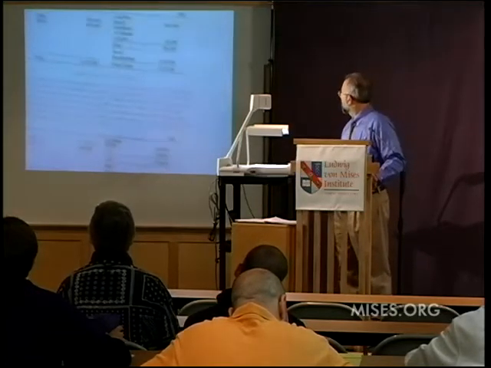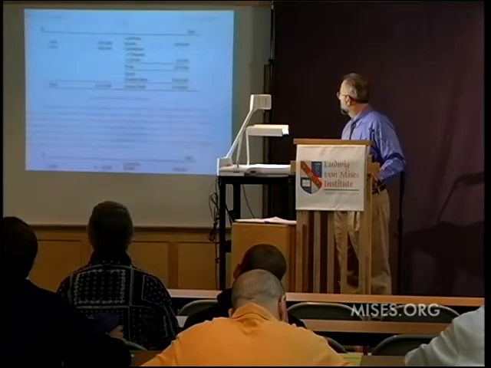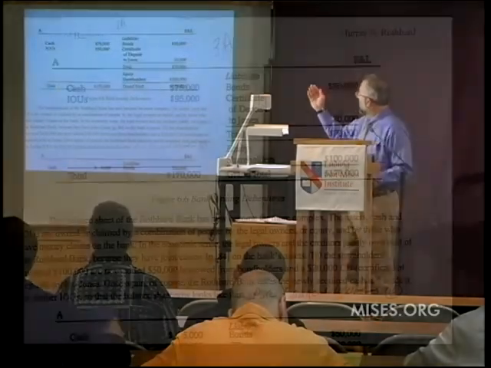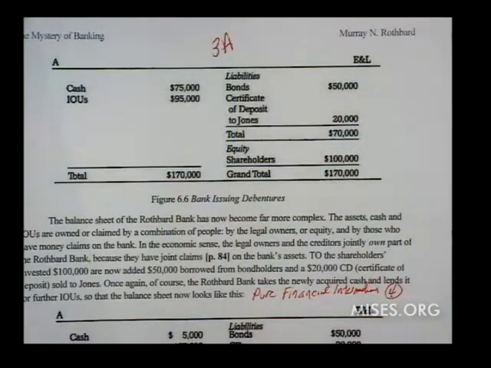Once again, the bank going public does not change the fact that loan banking cannot change the money supply in any way. The bank may further expand by issuing bonds, that is debt, bonds and certificates of deposit.